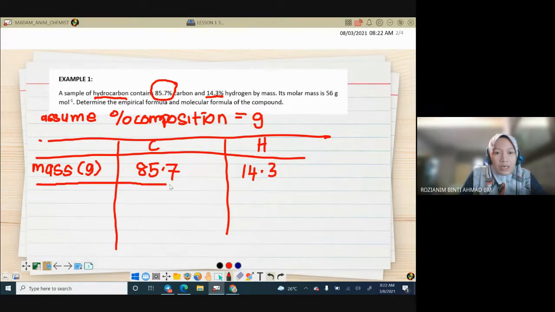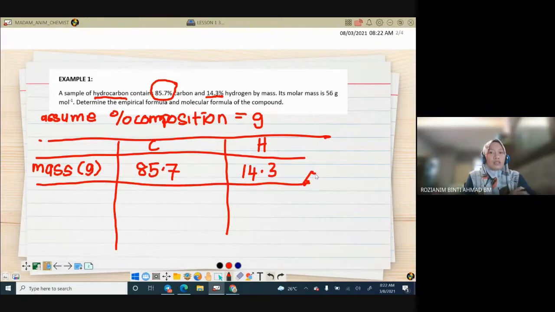Okay, and then what next yang kita nak cari daripada value of the mass? Kita nak cari apa sekarang lepas ni? Daripada mass, paling senang. Mole ratio. Good. The basic concept dia, bila ada mass, mesti kena cari mole dulu. Okay, so the second row, label mole.